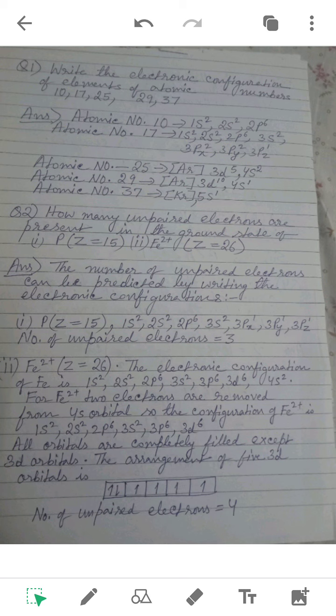Now atomic number 25. You have to remember that if you write all these energy levels, it may take time. So for certain elements whose electronic configuration you can write down, you can write those elements and then the rest of the electrons. For 25 I have written argon, whose electronic configuration you write continuously.